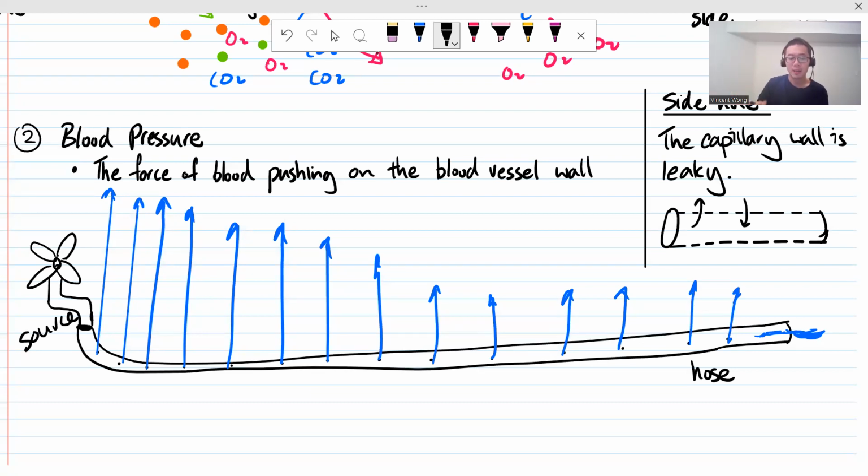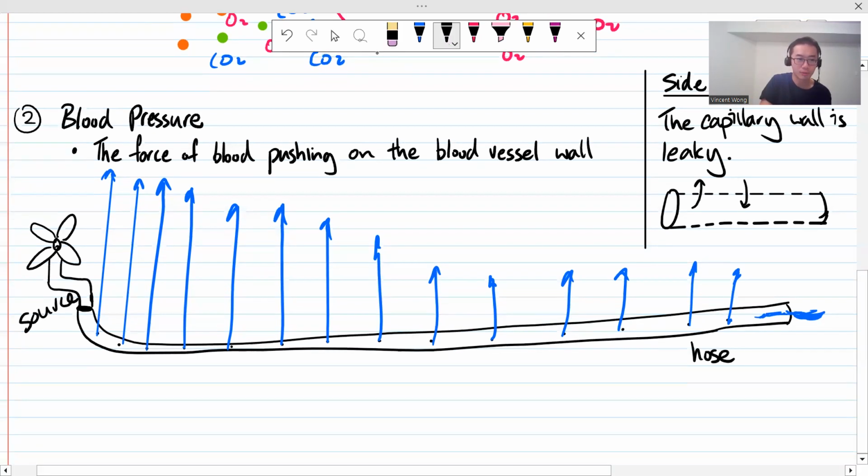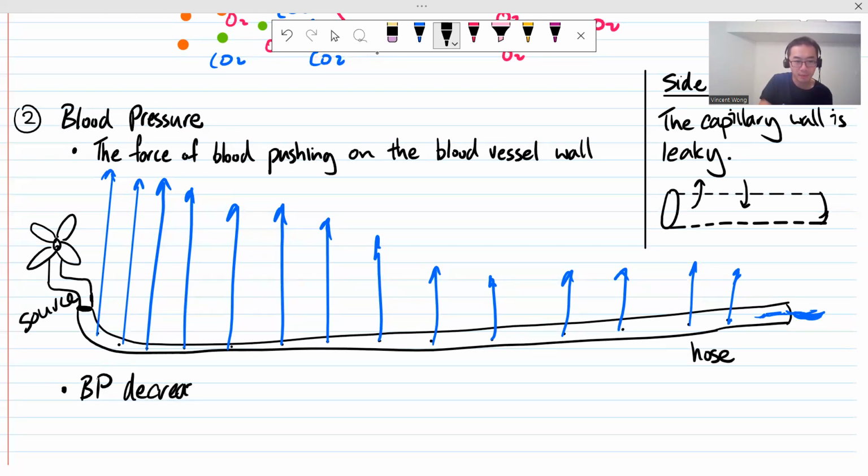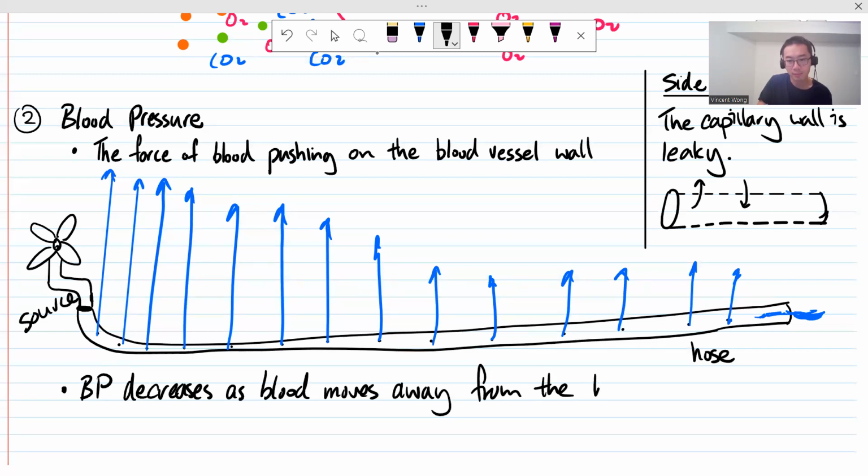The source is the faucet in this case. And that's the same thing when it comes to blood pressure. Blood pressure, BP, decreases as blood moves away from the heart.